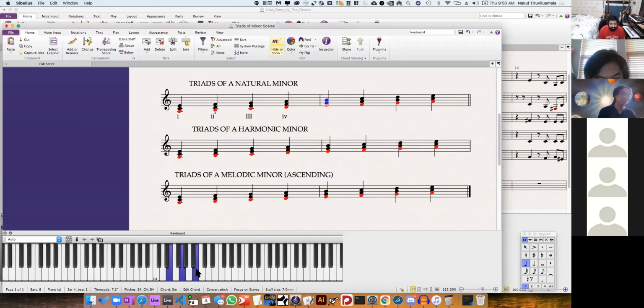Okay, so what do we have here? What quality? Minor. So we've got a minor 5 chord. Okay, and now how about this one right here? Unison, minor second, minor third, major third. Unison, minor second, minor third.